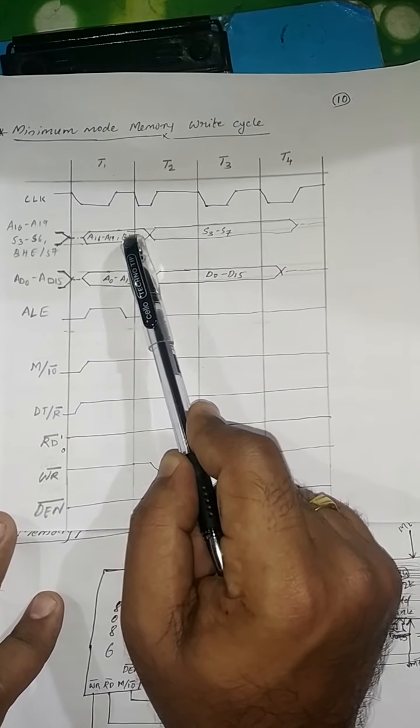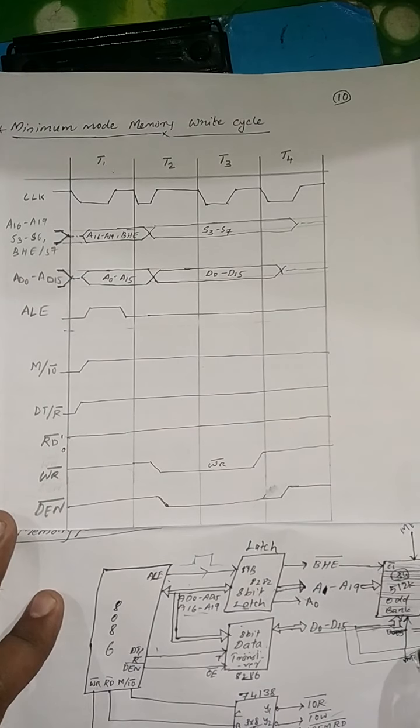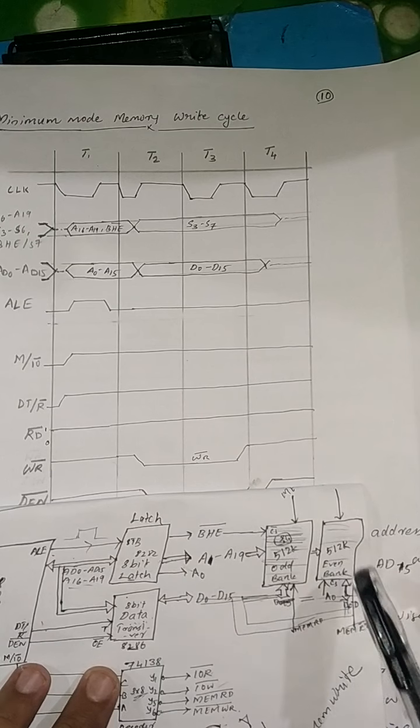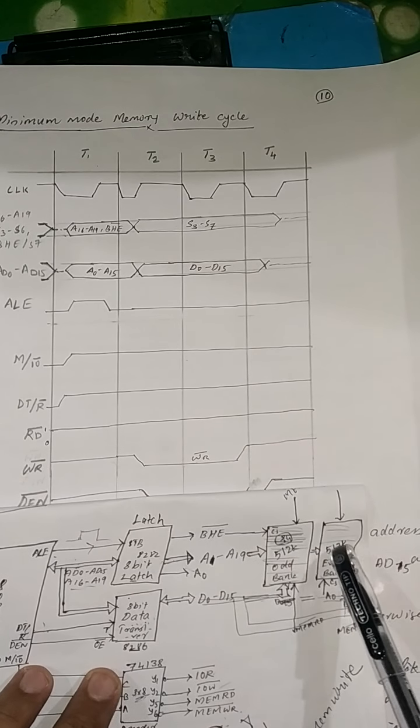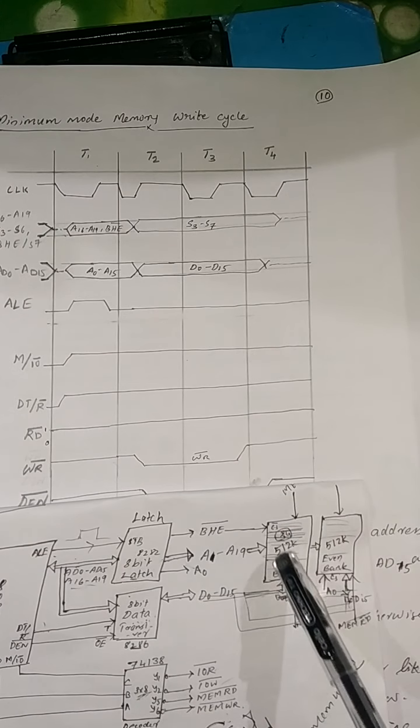BHE we will discuss in this way, because we need to select the memory bank. BHE is basically selecting the odd bank.